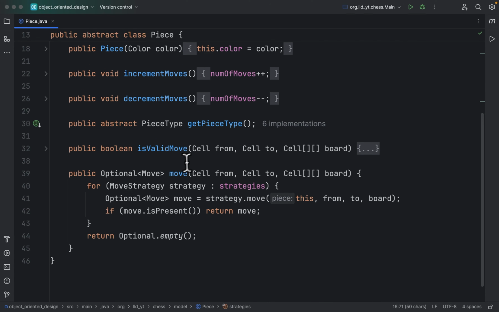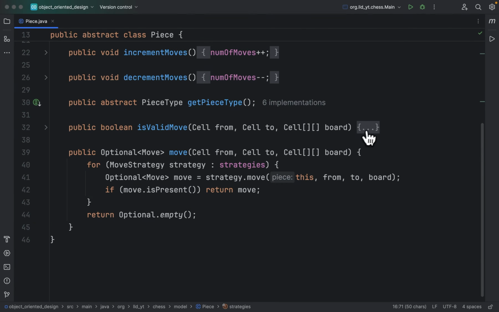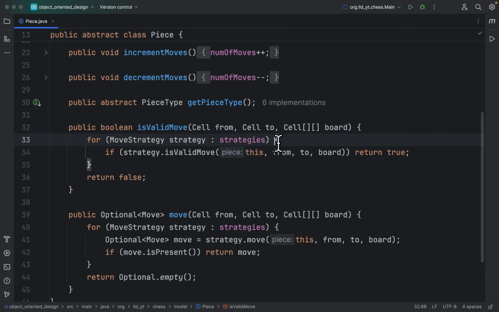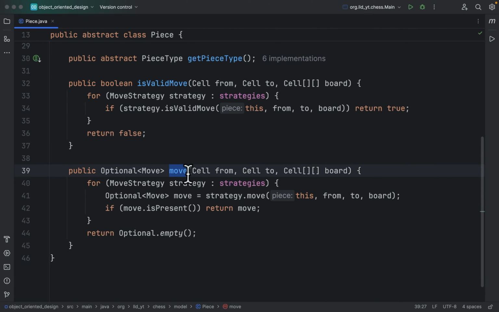Okay. And there are a couple of functions. The first one is valid move. So in that, we would iterate through all the strategies and we'll check whether that move was a valid move or not. If it was, we'll return true, else we'll return false. Same thing we'll do in the move function as well.